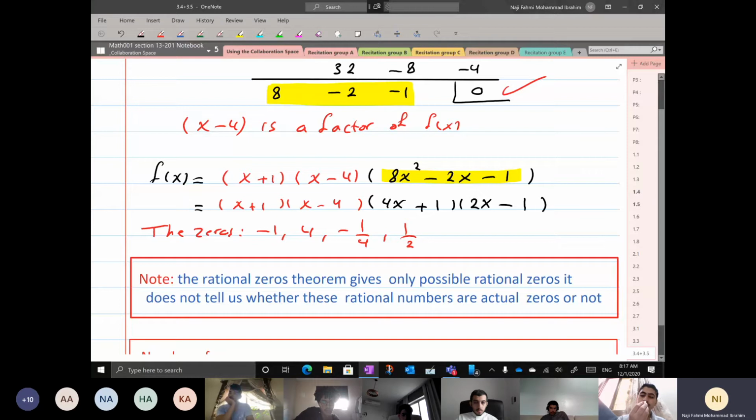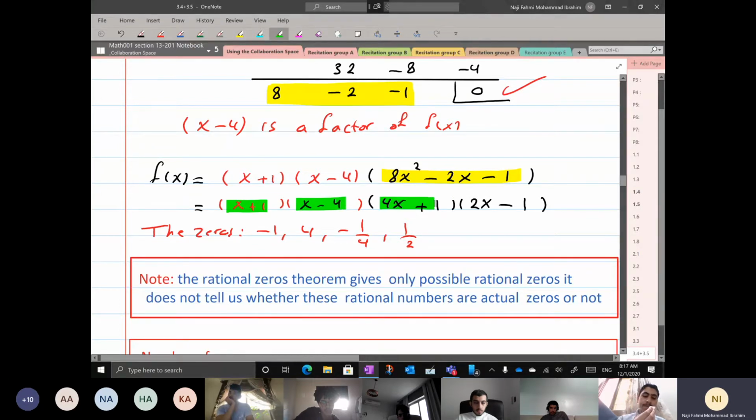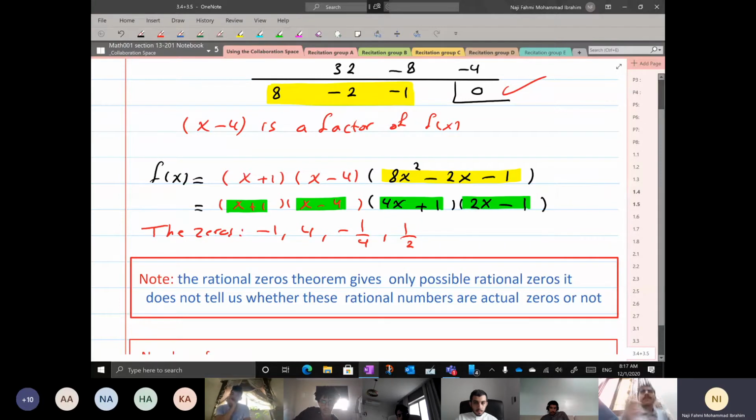Did I factor? I said at the end here, what's the power of x inside each bracket? 1. So this is now the last step of factoring. Now I will find the zeros by making each bracket equal to 0.